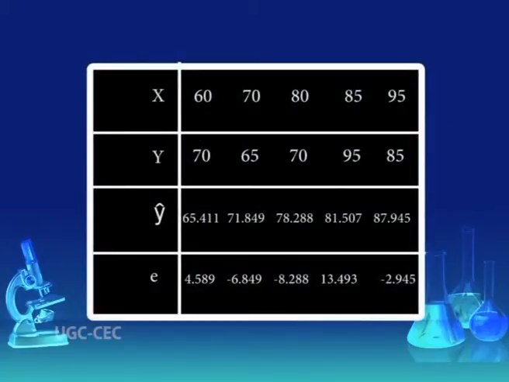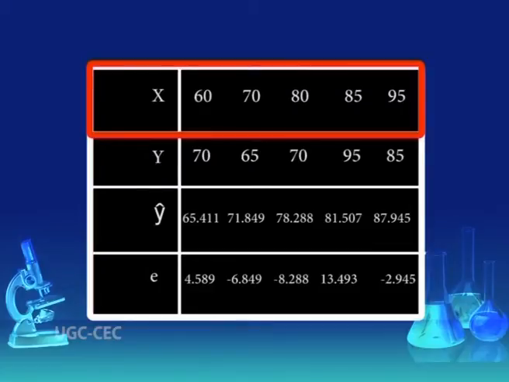The table below on the left shows inputs and outputs from a linear regression analysis. Using this table, the residual and independent variable are used for a residual plot on the right. The values of x are 60, 70, 80, 85, 95.